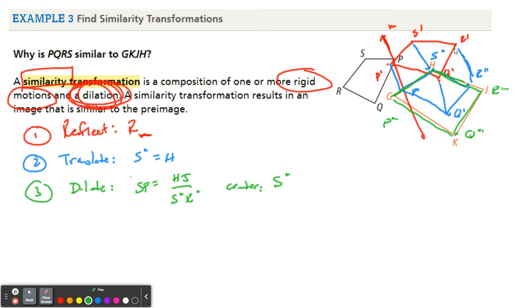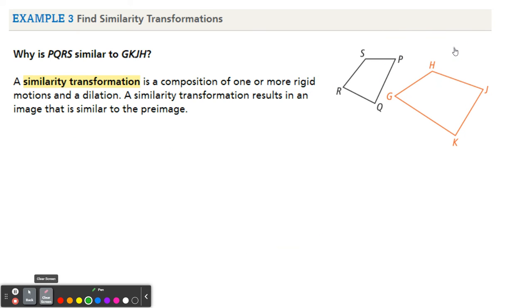And it took this similarity transformation to do that, and now we know that PQRS is similar to GKJH. Notice the similarity symbol, I think we've talked about that, is the squiggle from congruence without the equals to. So that's like defining why similarity transformations provide similar figures.